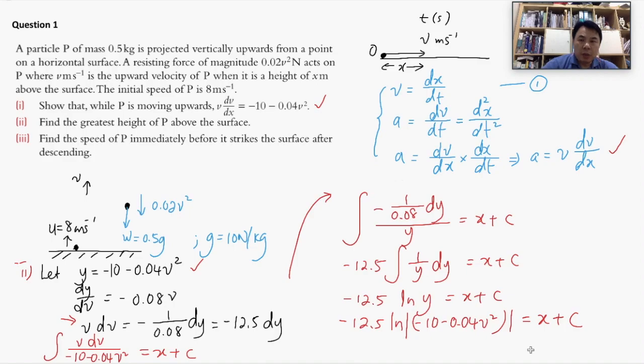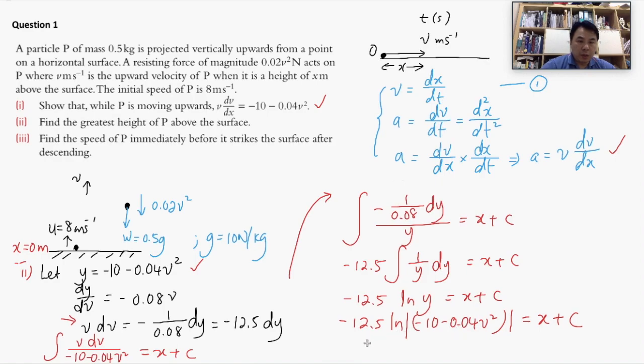Again, next we're going to find out the c at x equal to 0. That is when it's on the ground, when x equal to 0 meters, the initial velocity was 8. So when x is 0, the initial velocity is 8 here. So let me try to complete this.